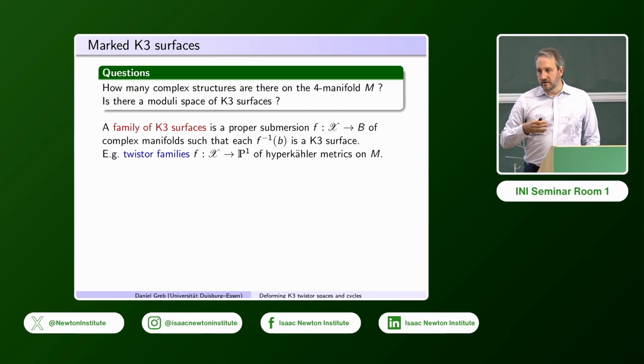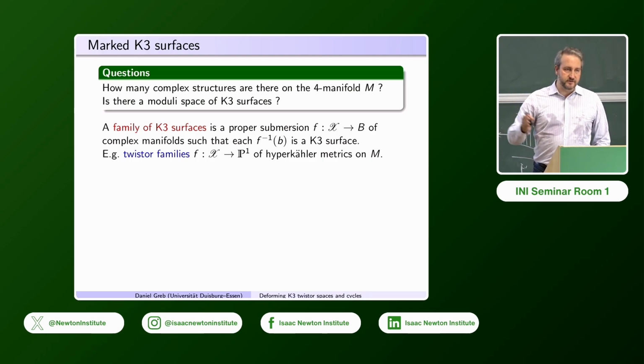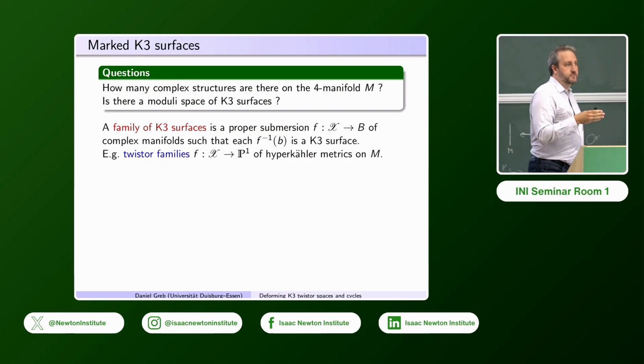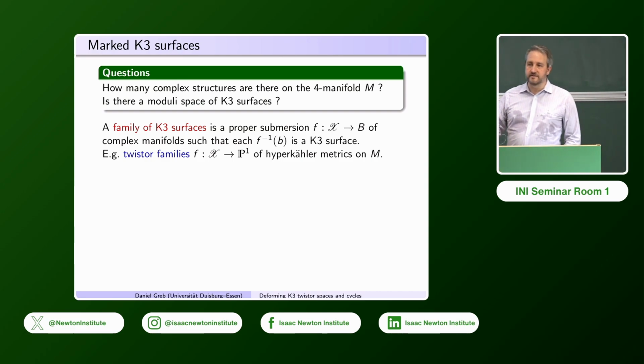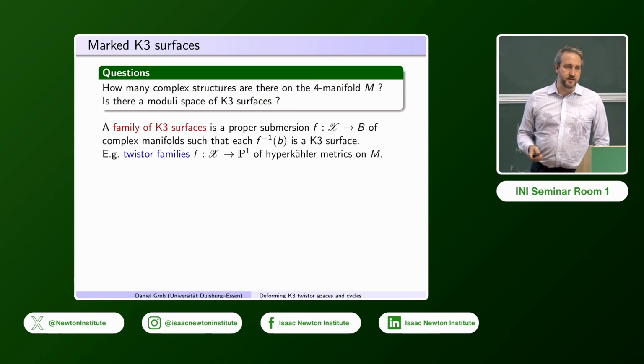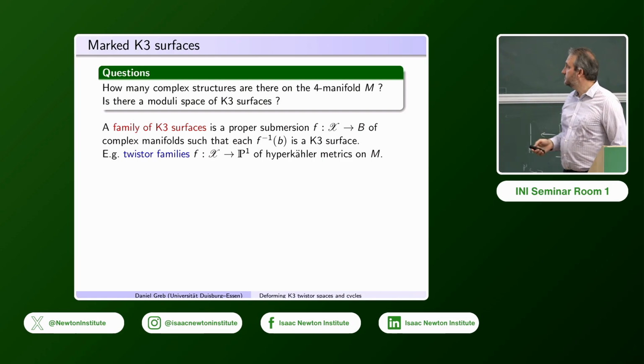I'm not claiming that all of them need to be different. They could all be the same; you can take the product family. But eventually, a moduli space would be a space where such a family exists, and any other family is obtained by a pullback procedure from a universal family via a map into the moduli space.